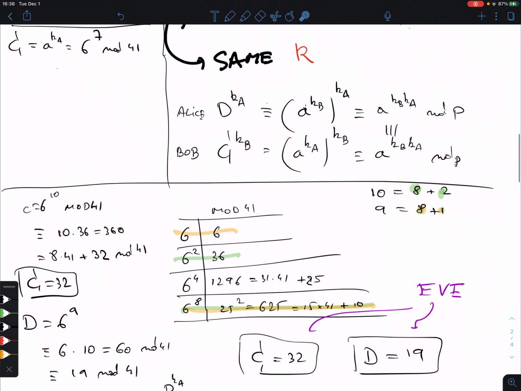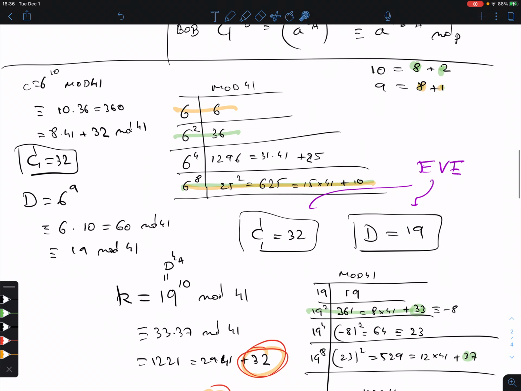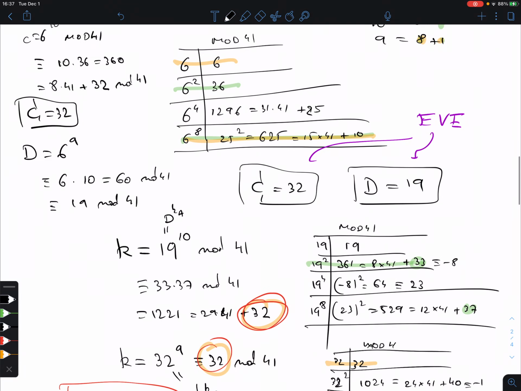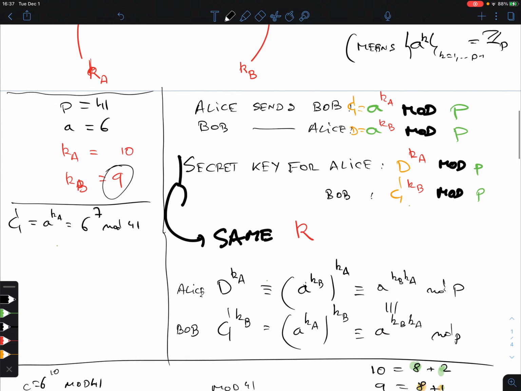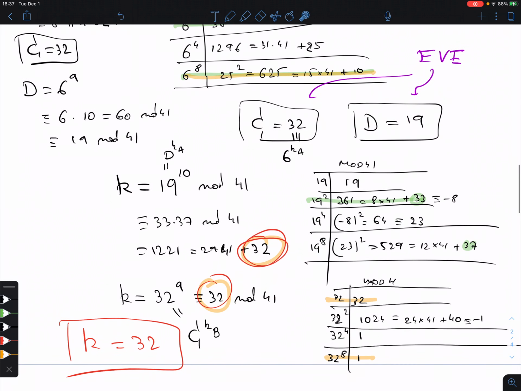C is obtained as that power that I'm looking for of A. So if I can write C as 6 to the power Ka, this is how C is calculated. So what she needs to calculate therefore is the log 6 of 32.